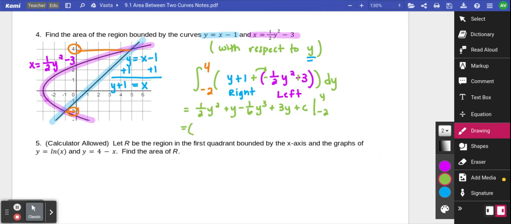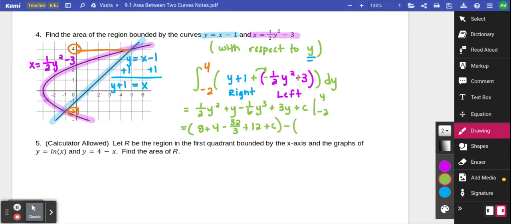If I plug those numbers in, 4 squared is 16, divided by 2 is 8, plus 4. 4 cubed is 64, divided by 6, which I believe simplifies to 32/3. Plus 4 times 3 would be 12, plus c.